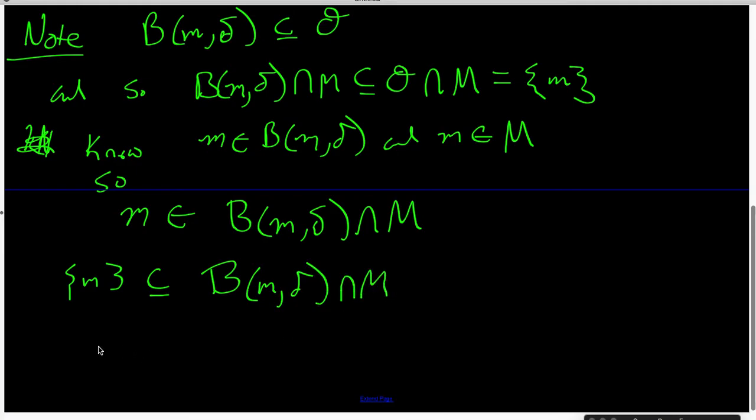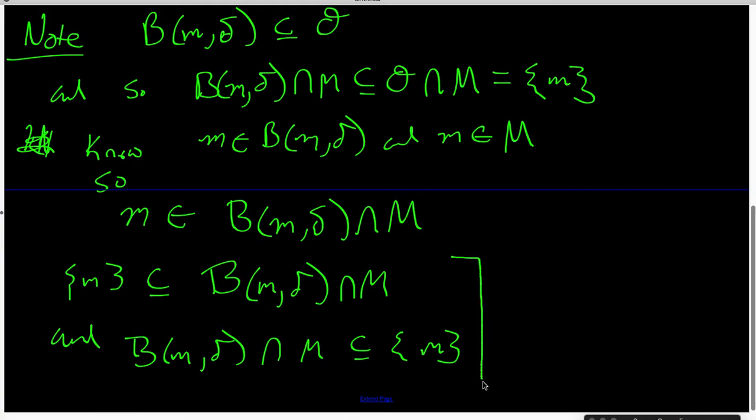We've already seen that the intersection has to be a subset of the singleton set containing little m, and that forces the intersection of the delta ball with M to be nothing more than the singleton set containing little m.